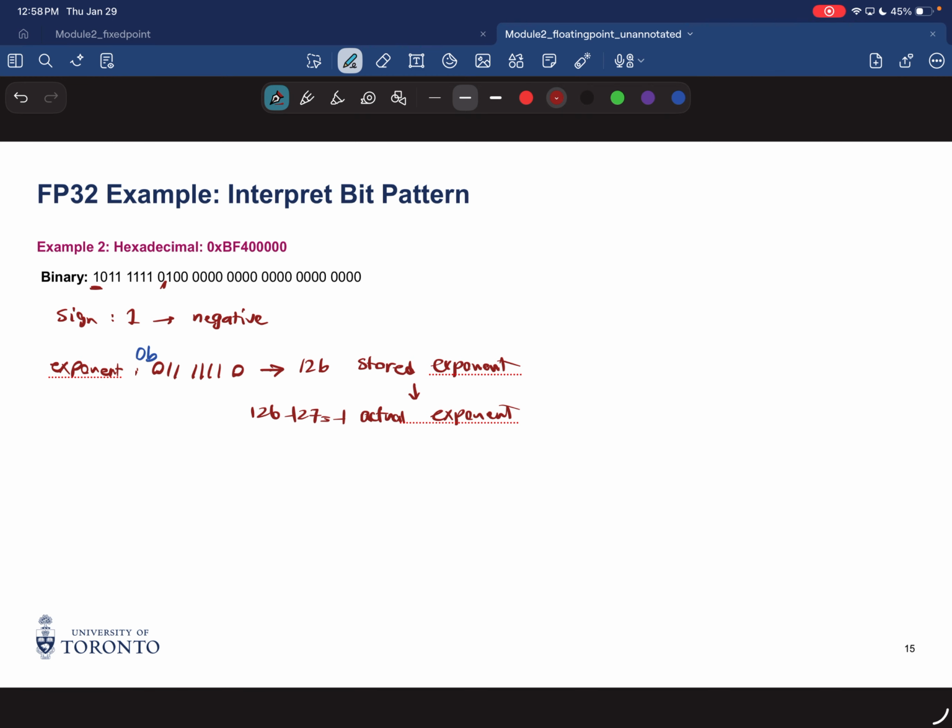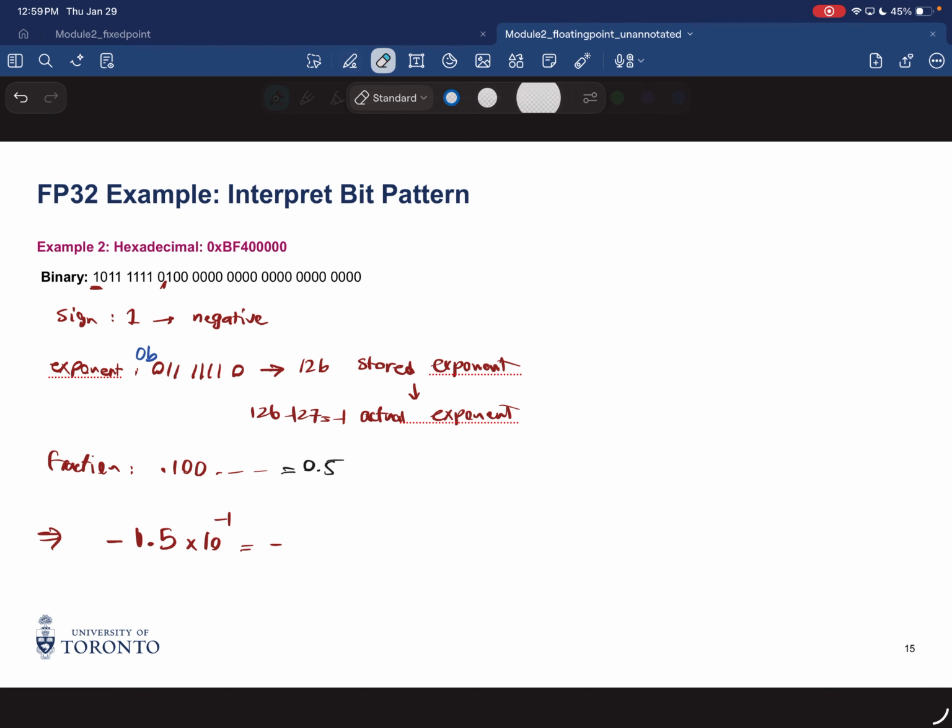Then we need the fraction. We counted till here. The fraction is going to be point, don't forget the point, 0, 0, whatever, the rest of it. And you know this already, this is 0.5. So our number is going to be minus 1.5 multiplied by 2 to the power of minus 1.